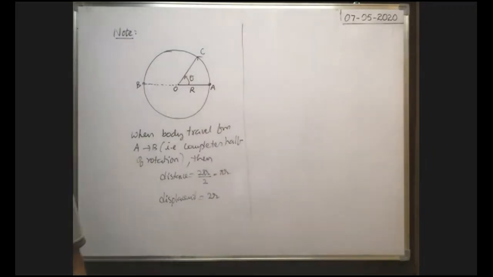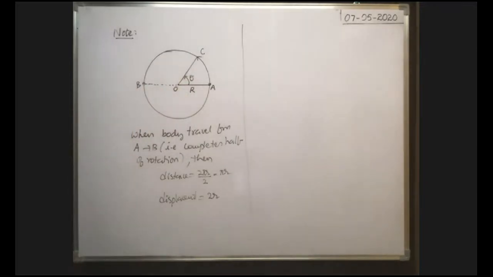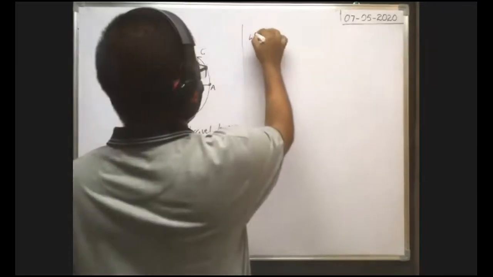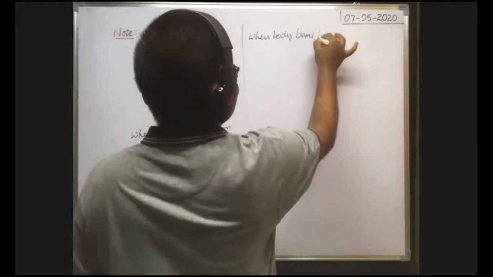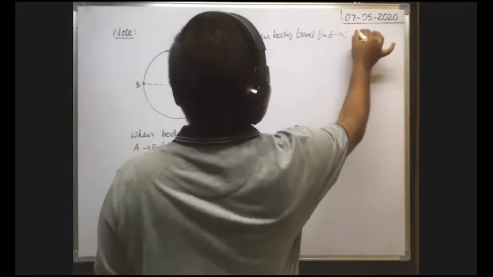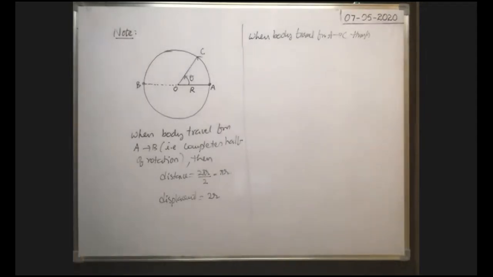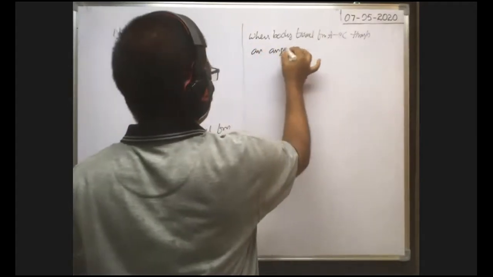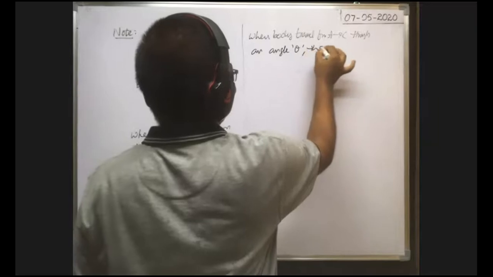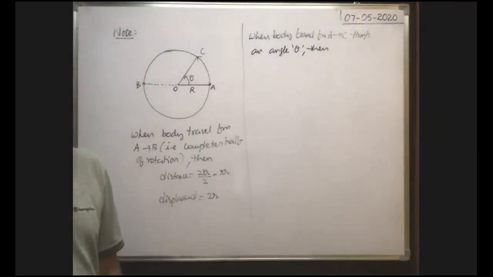That means the angular displacement of the body is theta. Then in this case, what about the displacement of the body and what is the distance traveled by the body?